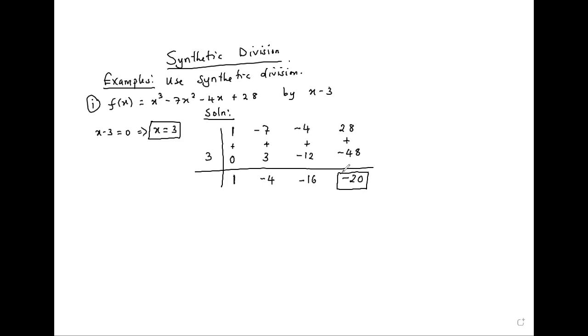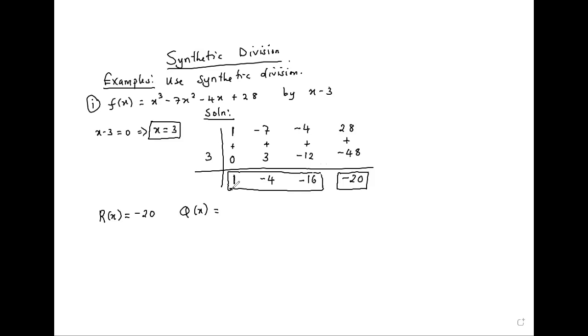The last number is also a special number. The last number is called the remainder. Now remember, I always do that notation. I want everything to be a function because even a constant number is a constant function. What is the quotient? Be careful now here, the quotient will have variables. Here we have the coefficients of the quotient.